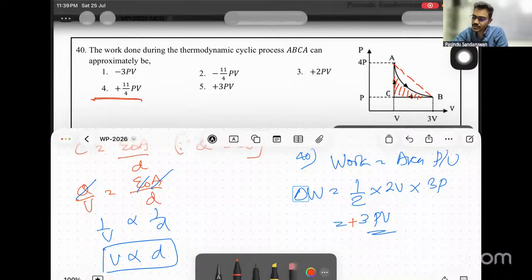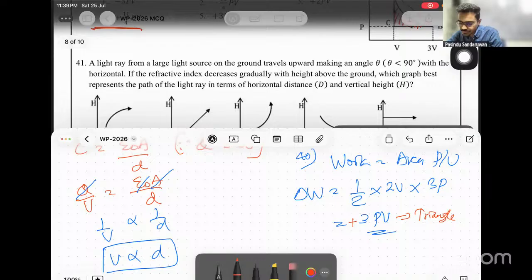Then the approximate answer is 11 over 4 PV. And for that given curve, it should be less than 3. 11 over 4 is around 2.75. That's the closest value, so that's a possible value. Then question 41.